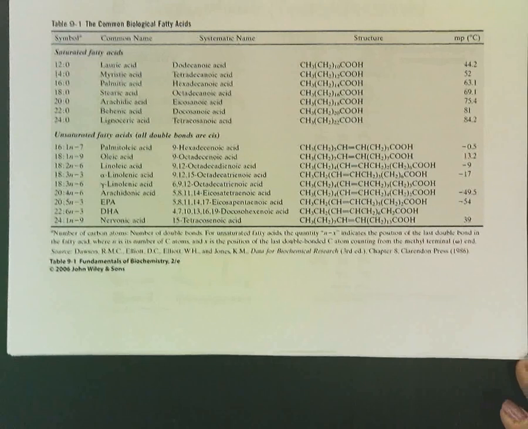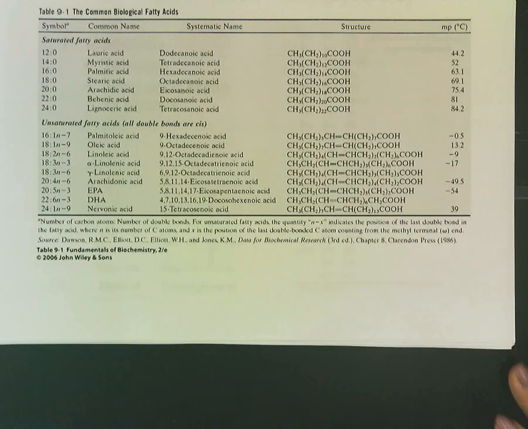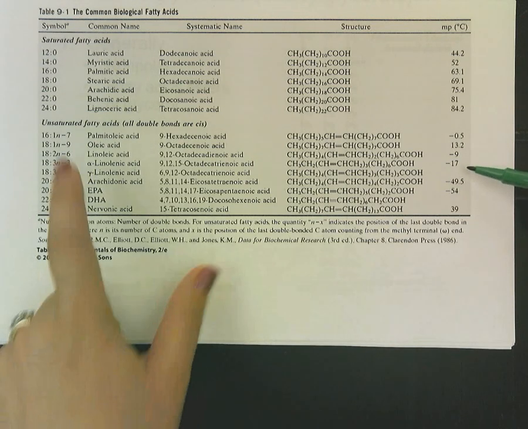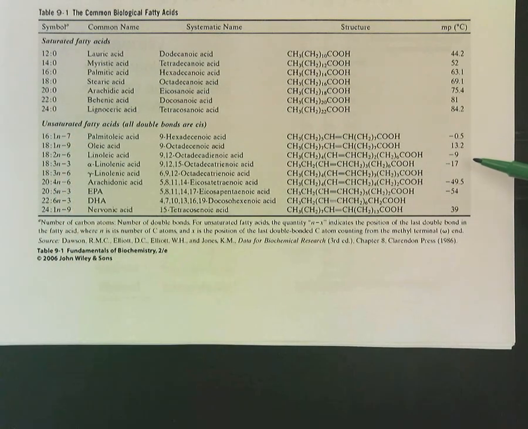Looking at my unsaturated fatty acids, where all the double bonds are in the cis conformation, are those typically solids or liquids? Definitely liquids, right? If this is melting at minus 17 degrees Celsius, that is definitely a liquid at room temperature. So unsaturated fatty acids do not pack as well, therefore they are typically a liquid at room temperature.